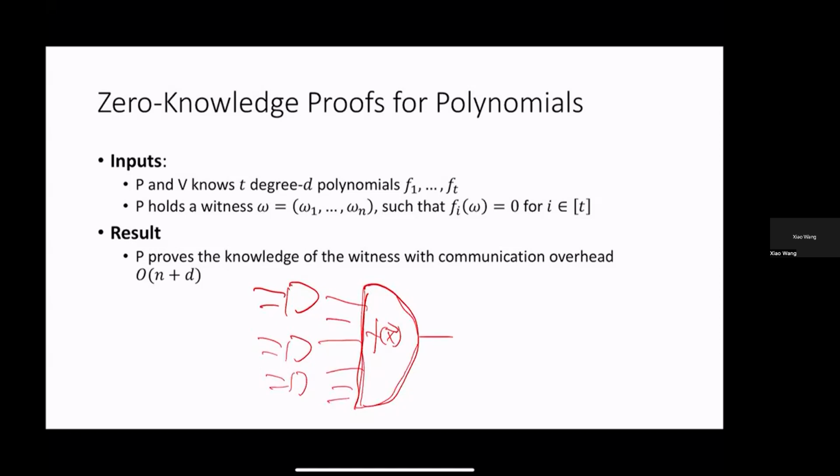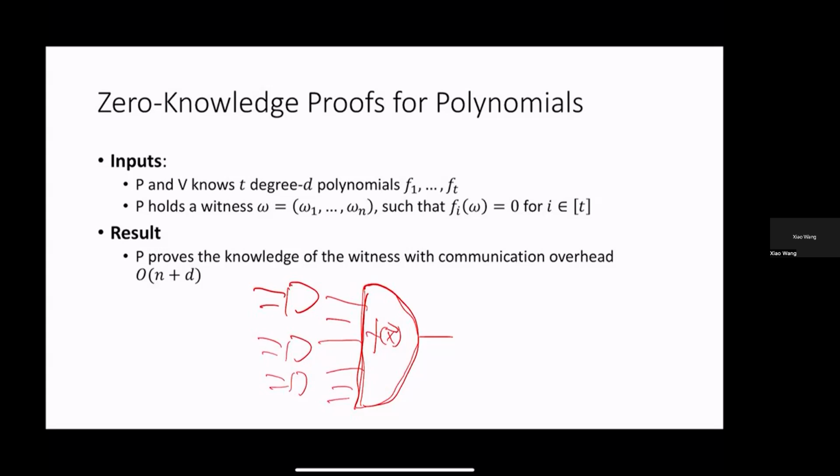We want to compute this polynomial as a whole. That's the idea. It turns out that if we have many different kinds of polynomials, we can prove them much faster than by decomposing them into a small number of gates and proving them one by one, and also in terms of the communication.